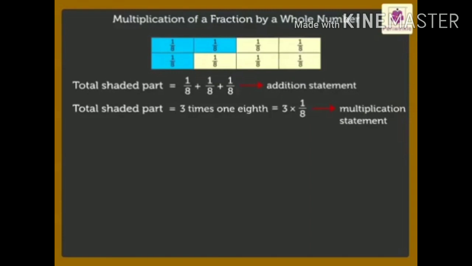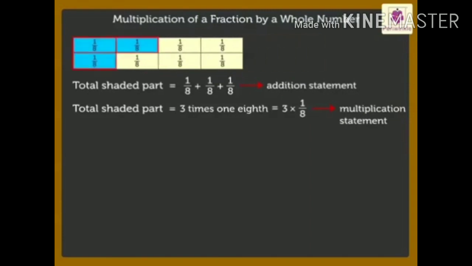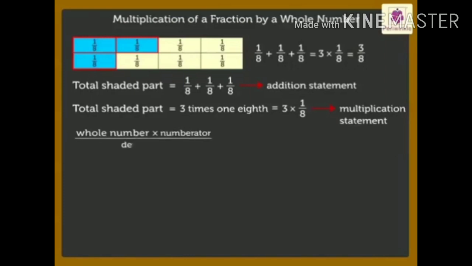Thus, putting all statements together, we write 1/8 plus 1/8 plus 1/8 is equal to 3 times 1/8, which is equal to 3 upon 8. Therefore, the whole number into numerator upon denominator will give us the answer. Thus, 3 into 1/8 is equal to 3 upon 8, the fraction for the shaded part.